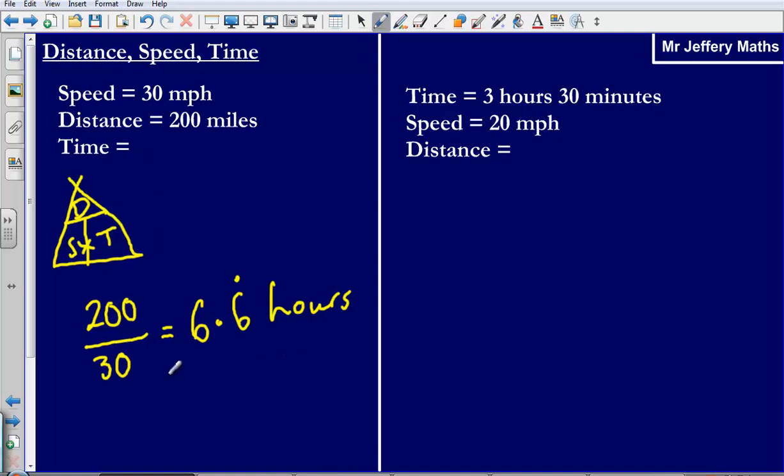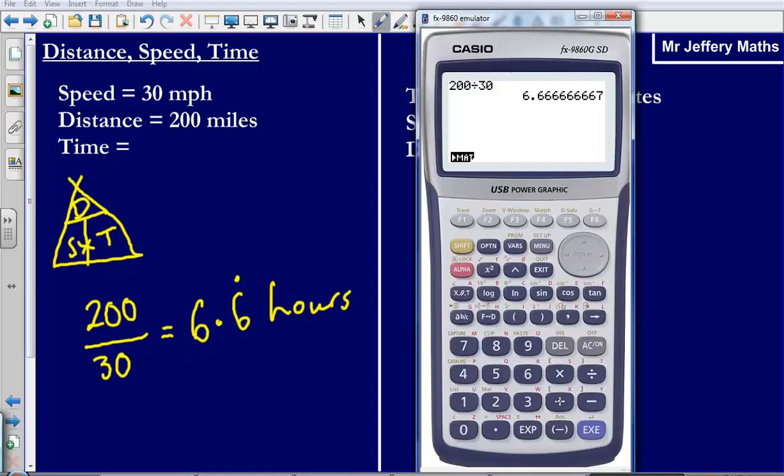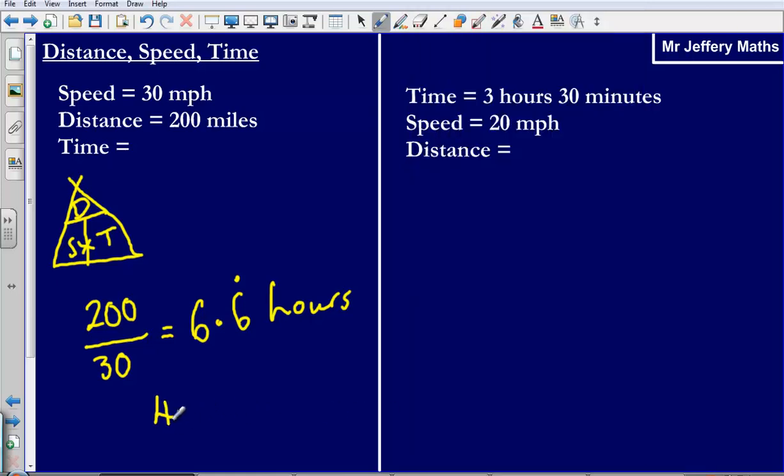Now in order to do that, I can turn 6.6 hours into minutes simply by multiplying by the number of minutes in an hour. So 6.6 recurring hours multiplied by 60 minutes gives us 400 minutes. These two things are exactly the same.